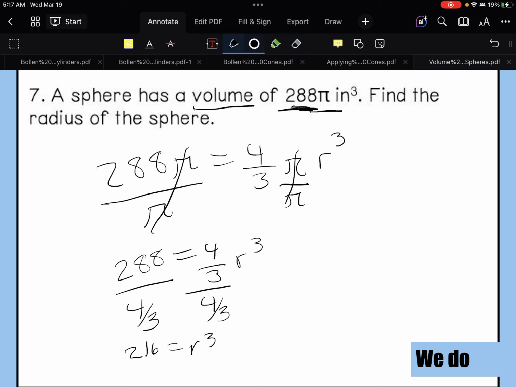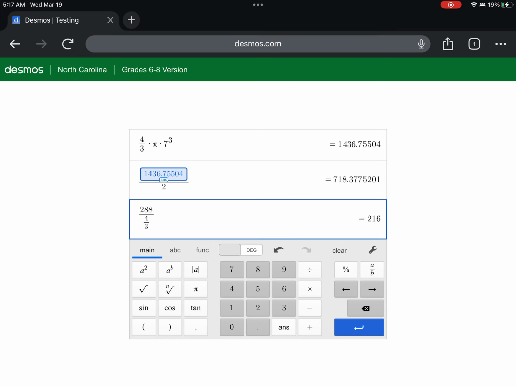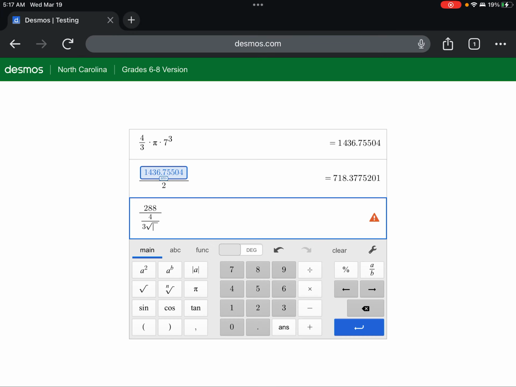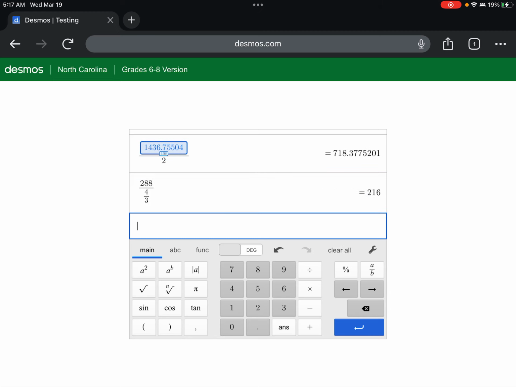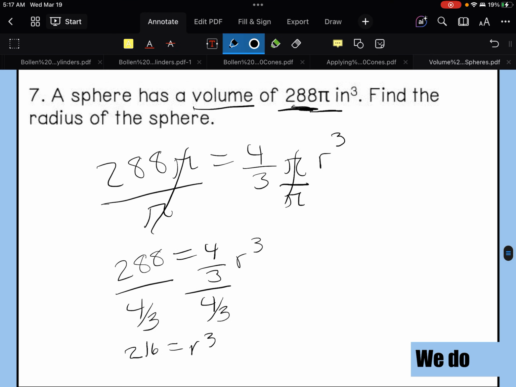So we have to find what number times itself three times equals 216. How we do that is, instead of the square root of 216, like we've been doing in the past, we're going to use the button right next to it, put a 3 on the outside, and inside we'll put 216, and that is how you find a cube root, which in this case would be 6. So r is equal to 6.